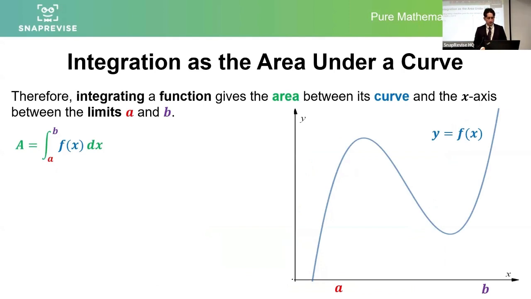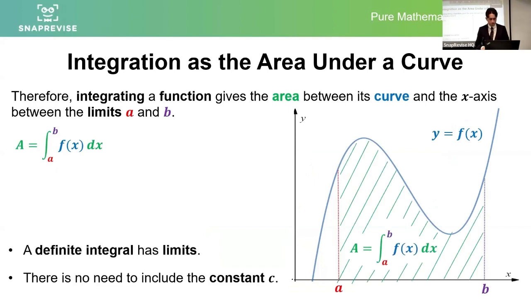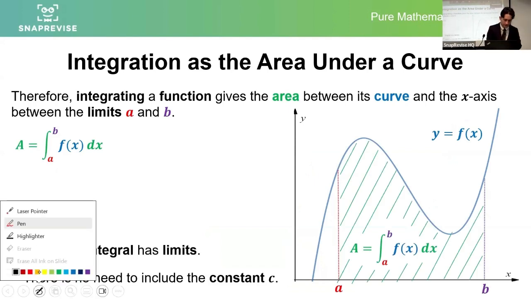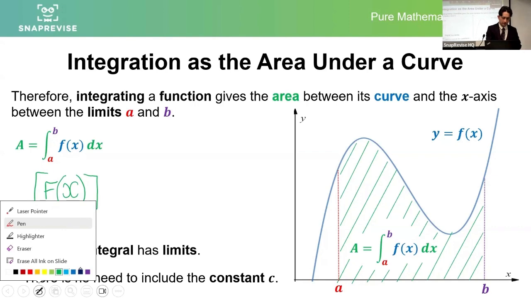So looking at this question, the integration of a function gives the area between the curve and the x-axis between those limits. This is another thing to remember. When you're doing an area, you don't put plus c, because first of all, it's a subtraction, so the c's would cancel anyway, but also that's a different use of integration.